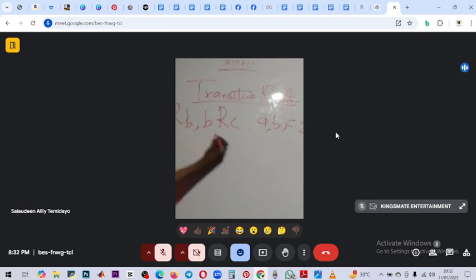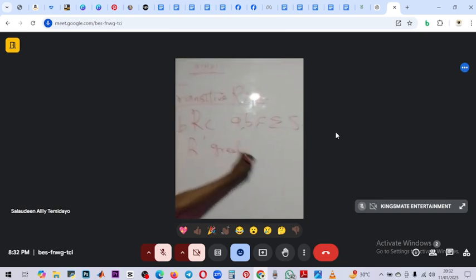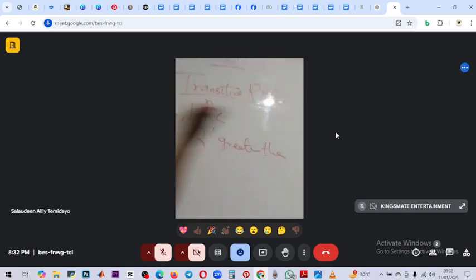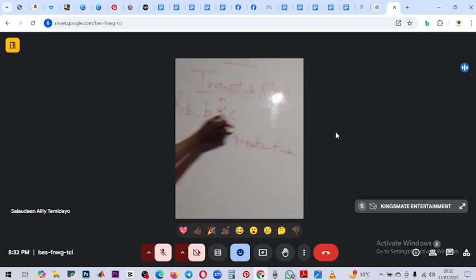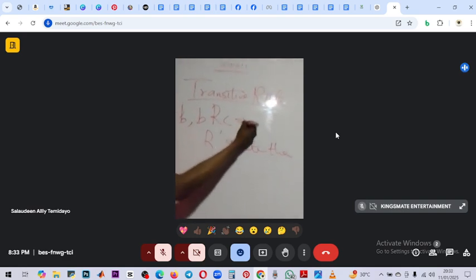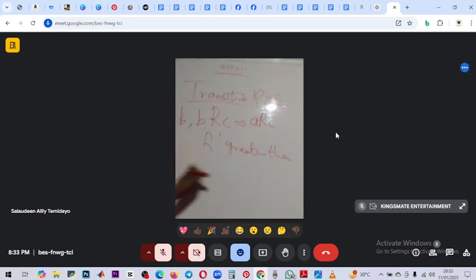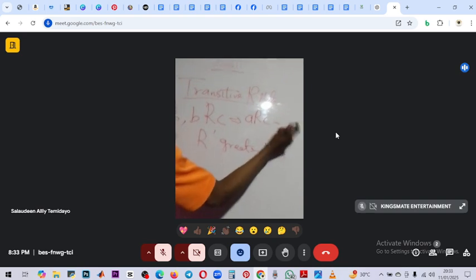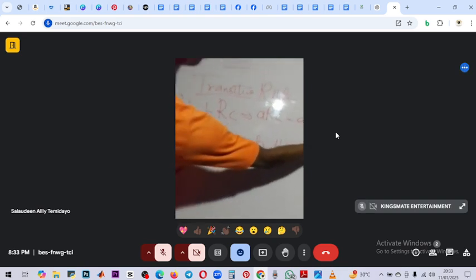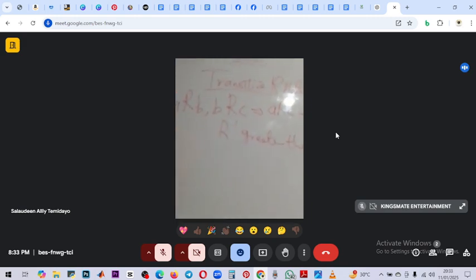Let's say that the relation is greater than. If A is related to B and B is related to C, then we have a conclusion that A is related to C with that same relation, where they are all elements of the big set S.